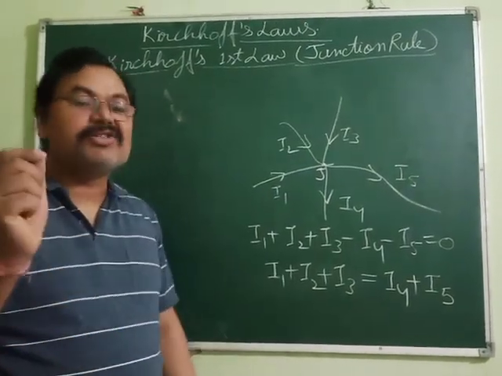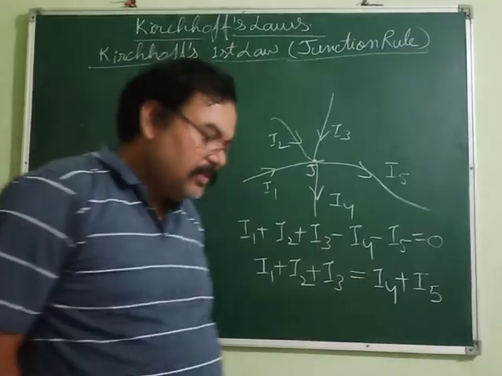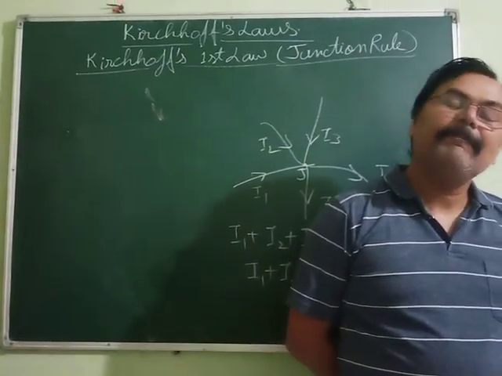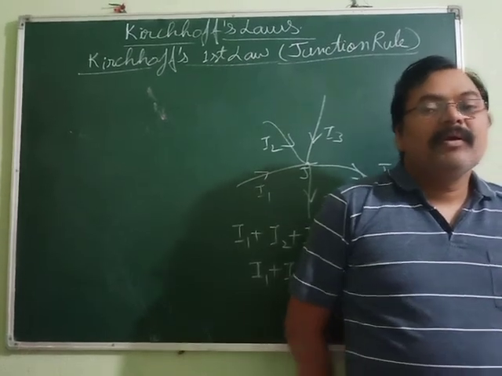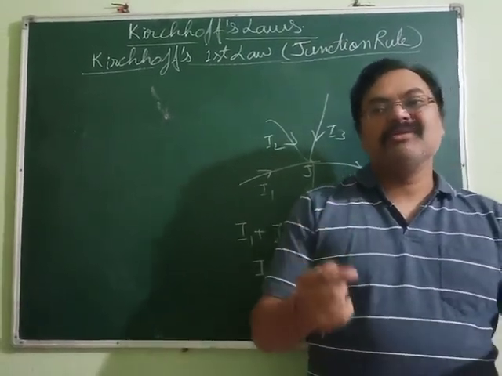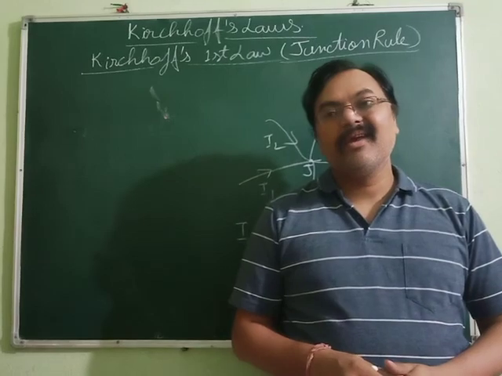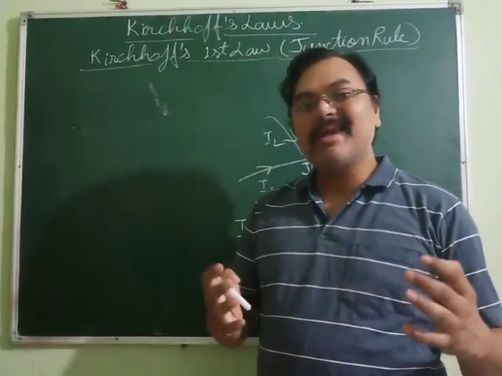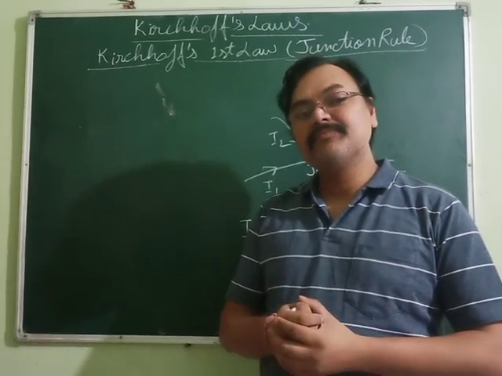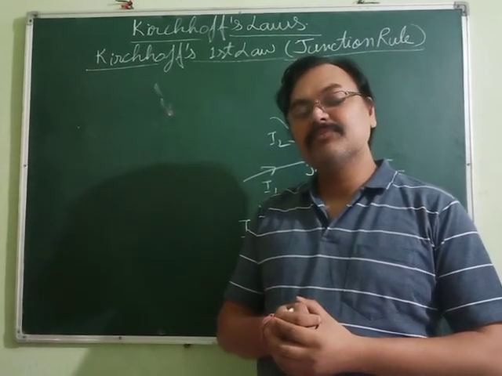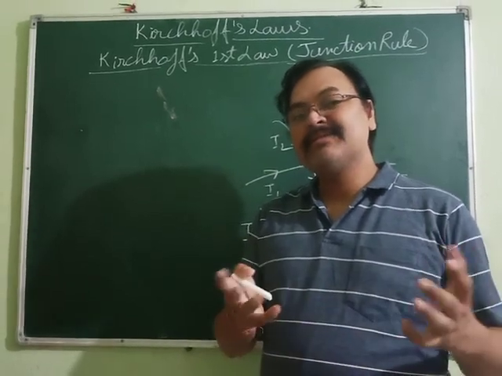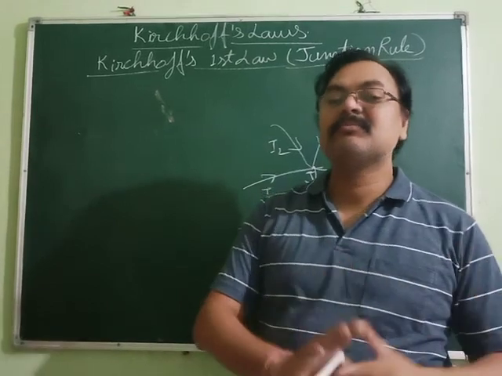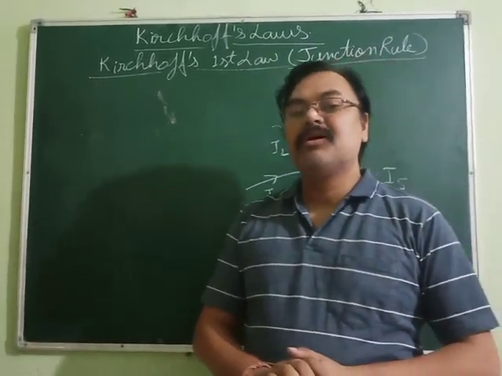Now you write sign convention. Put the subheading sign convention. Written? Start writing. The currents approaching the junction are taken as positive, whereas currents leaving the junction are taken as negative.